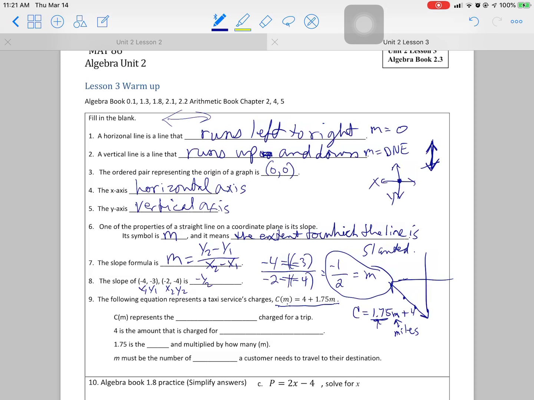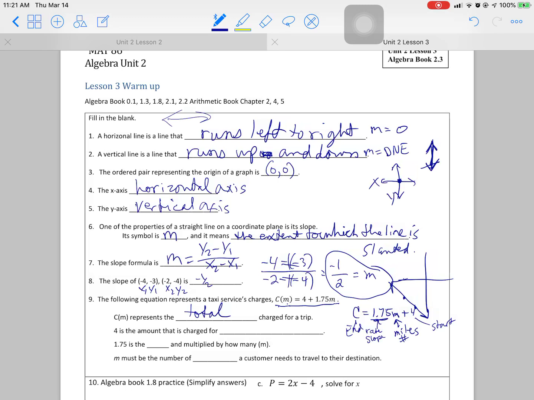The 1.75 is the rate or the slope, okay? The letter M is standing for the number of miles, okay? And 4 must be the start rate, and then eventually C will be the end. So that's how you read that. So the C of M represents the total charge for the trip.